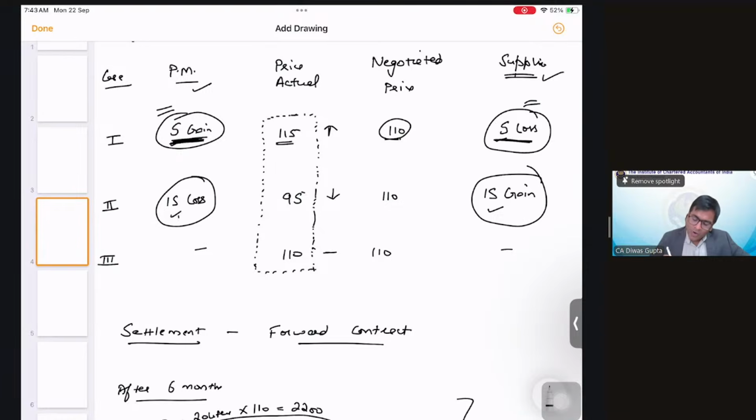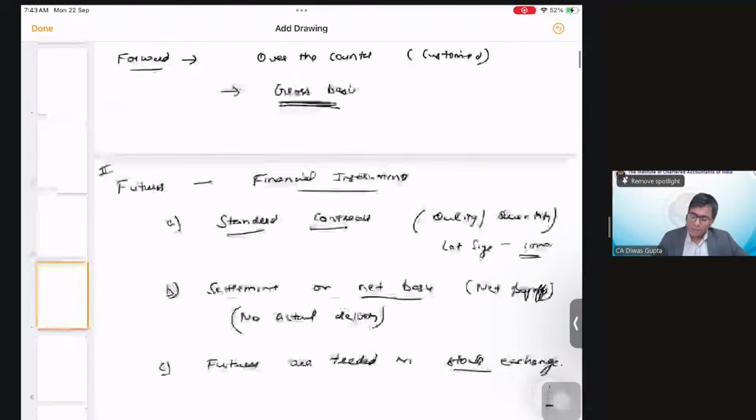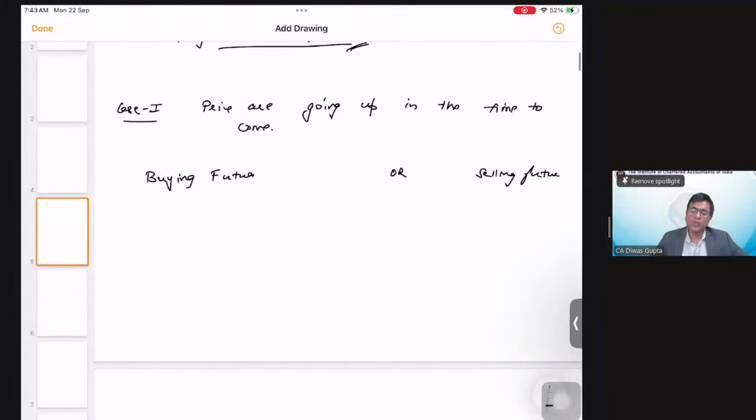Similarly, when the prices have gone down to 95, the person sitting in the buying position incurred a loss because they will have to pay 15 rupees extra because of this agreement to purchase that specific crude oil. Clear? So, here also, the case is that the prices are going to go up in the time to come.